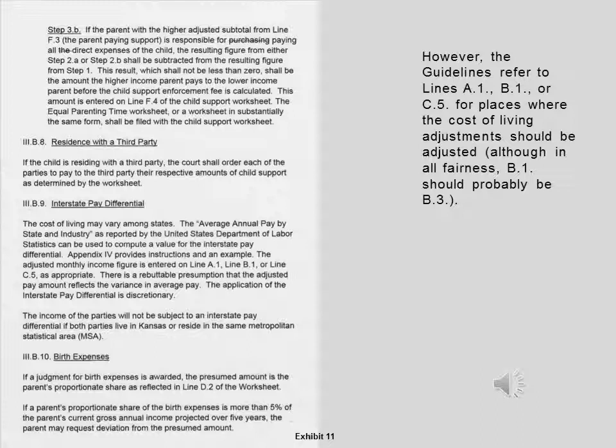However, the guidelines refer to lines A1, B1, or C5 for places where the cost of living adjustments should be adjusted, although in all fairness, B1 should probably be B3.